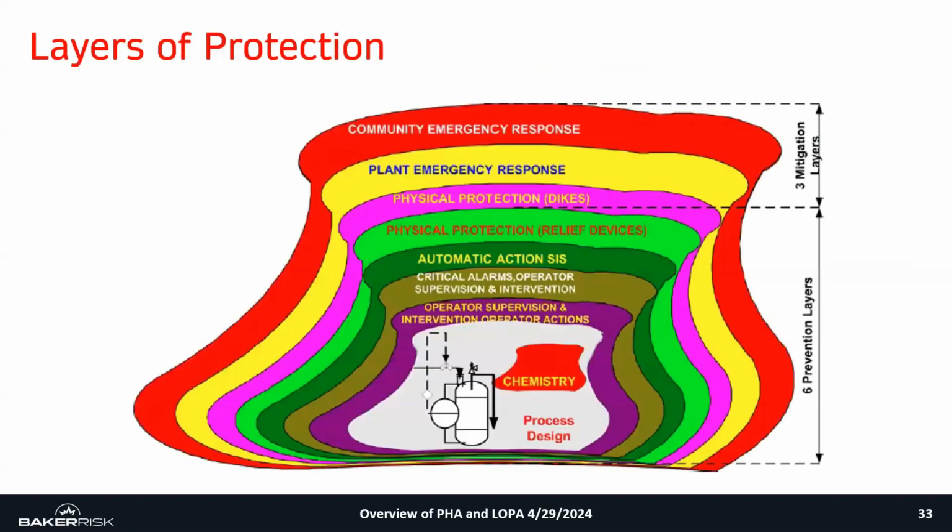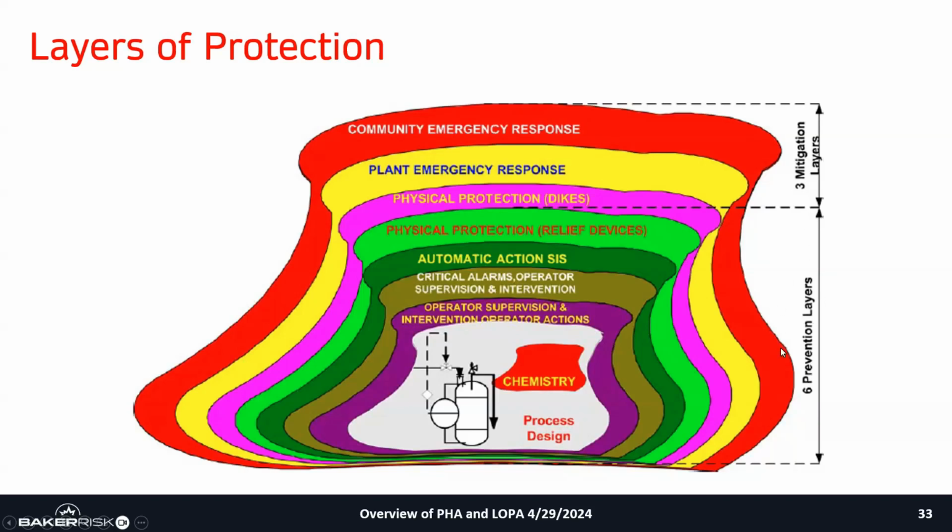This slide is just depicting the various layers of protection that you can have in your LOPA. So, here's your process as you move out. There's 6 different prevention layers. And then as you move further out, you've got 3 mitigation layers.